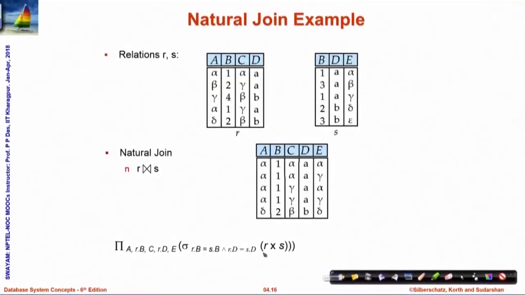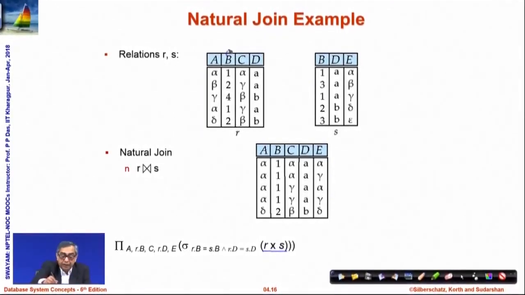So, you take the Cartesian product, now look at the expression. The common attributes are B and D. The B attribute is R dot B and S dot B. So, we say that in the Cartesian product R dot B must equal S dot B. If the name is common, the values will have to be the same.